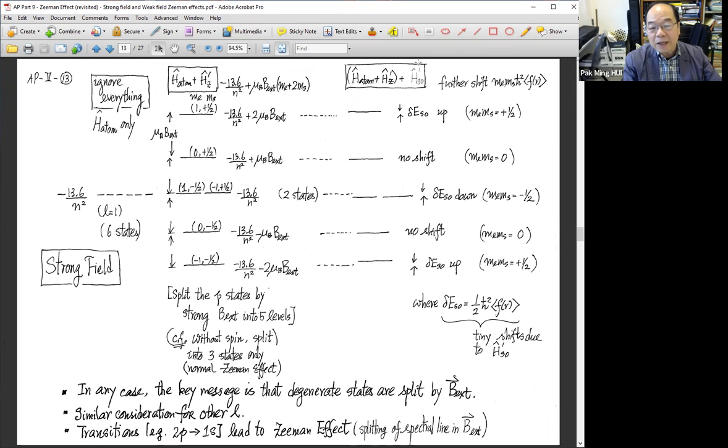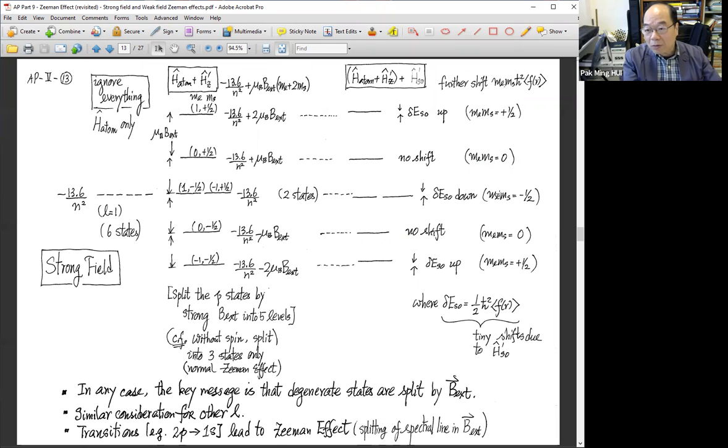And then if we take into account the perturbation due to the spin orbit interaction term, it will just shift these 5 levels slightly. 2 of them will not have any shift at all, because the combination here happens to be 0.